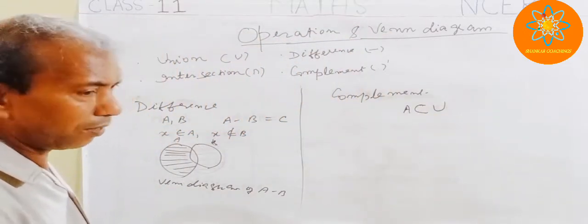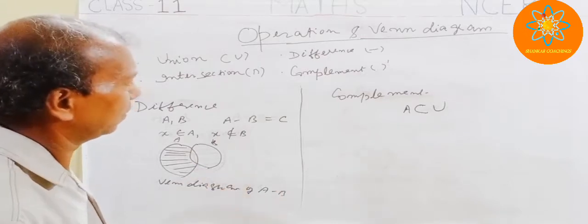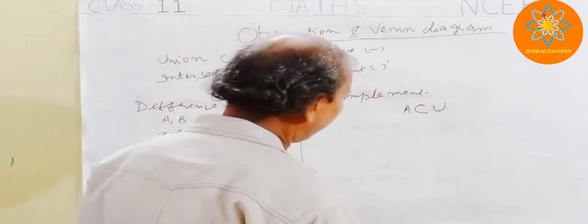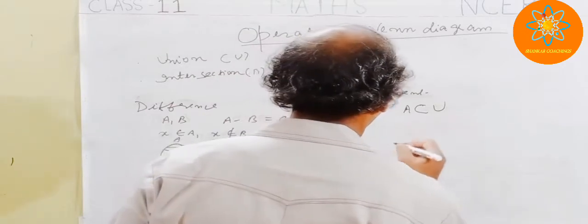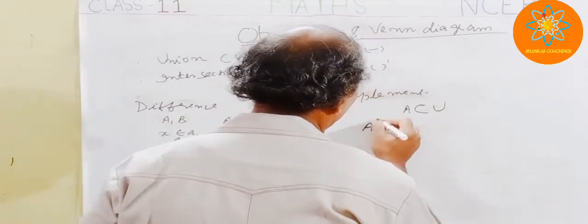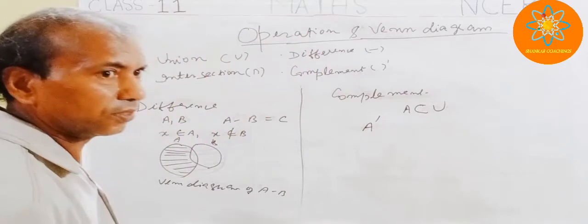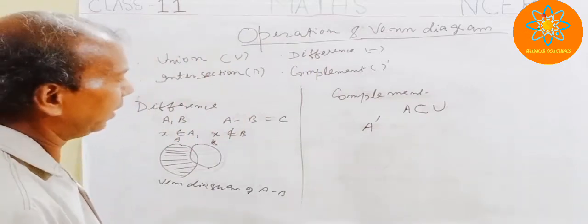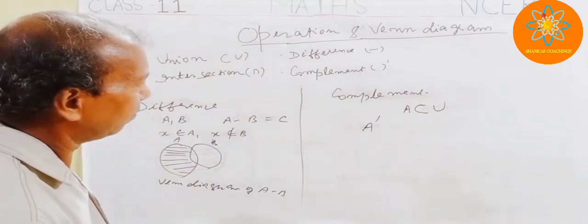Let's suppose I want to find the complement. How will I be able to find the complement? It is denoted by A dash, and that is the complement of A.